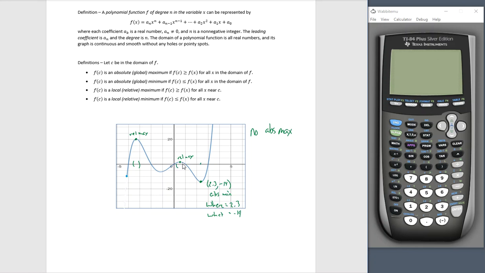In this little area, that's the largest that this graph gets. And f of c is a local or relative minimum if f of c is lower than all of the other x values. So here we see that we have a relative minimum. Here we also have a relative minimum because anywhere near this x value, that's the lowest it goes. All right, relative minimum. And this is also a relative minimum.